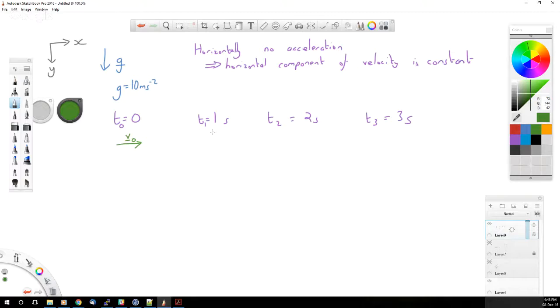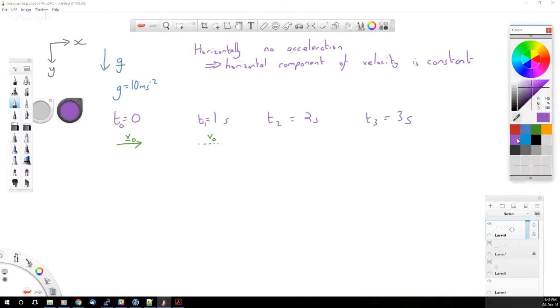At time t equals 1 second, we're still going to have that same horizontal component of magnitude v0. But we're also going to have a vertical component, and it started off with no velocity in that direction.